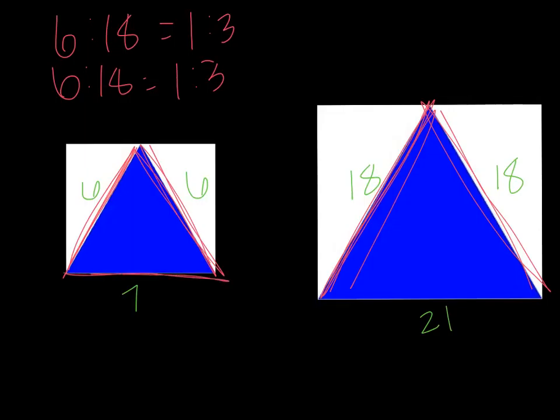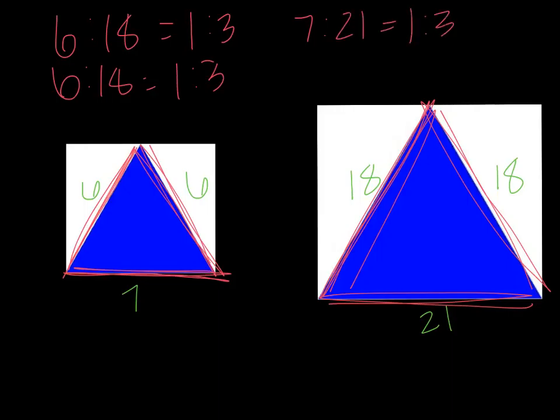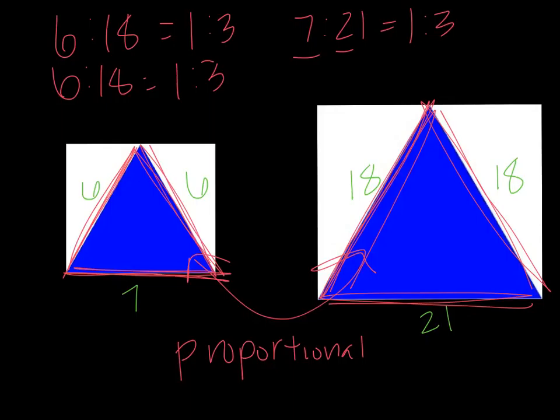The bottom, this side to this side, 7 to 21 reduces to 1 to 3. We can divide both of these by 7 and get 1 to 3. So these two shapes are proportional because the ratios of the sides are proportional.